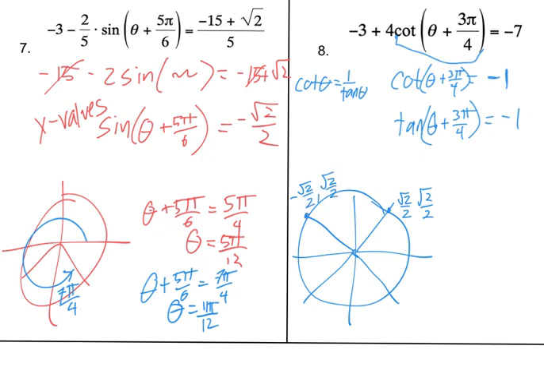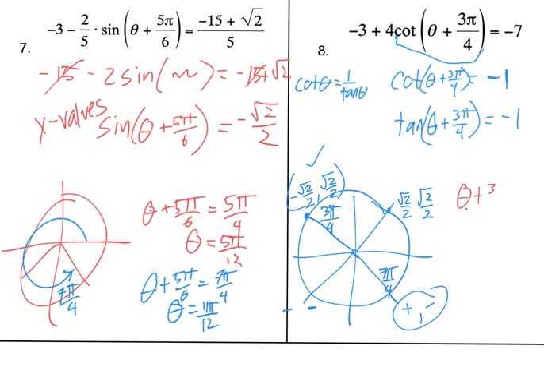For that value, that would give us a negative when we divide those. That one's cool. Third quadrant, we have a negative and a negative. That one doesn't work. And then fourth quadrant, we'd have a positive x and a negative y. That one works too. So we've got 3 pi over 4, and we've got 7 pi over 4 as our values here.